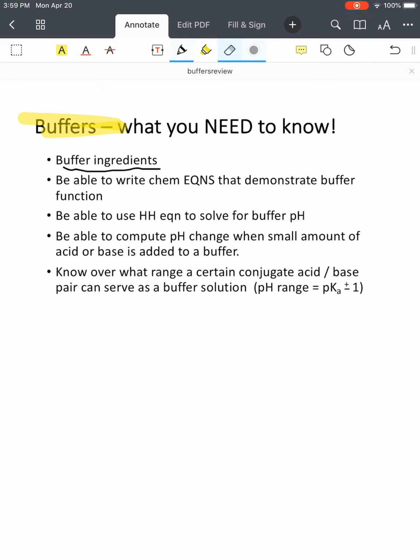The next thing that is crucial, you need to be able to write chemical equations that demonstrate a buffer's function. Why does the buffer work to maintain a constant pH? And the reasons are very simple. If you add a strong acid like HCl, that's a source of H plus, isn't it?